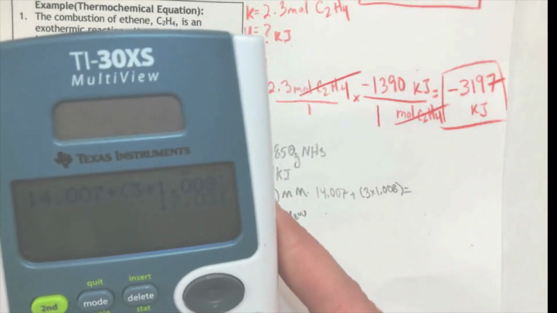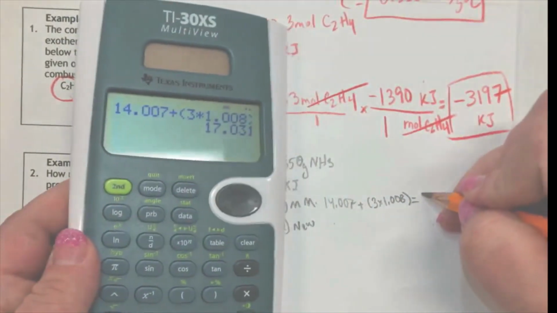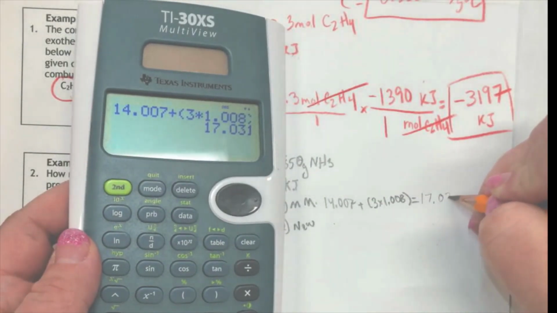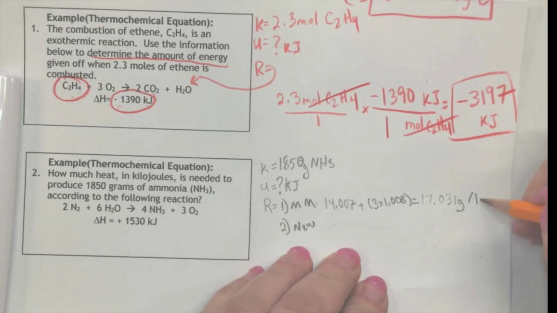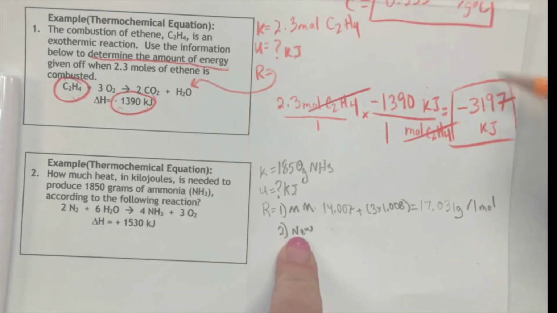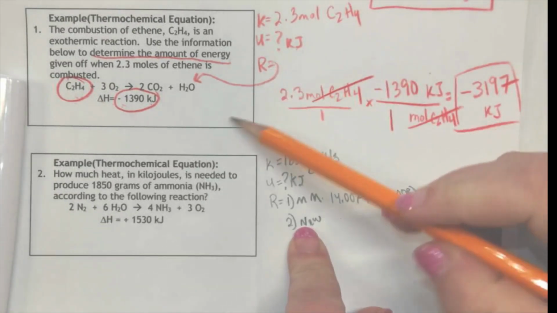So the molar mass is 17.031 grams per mole.